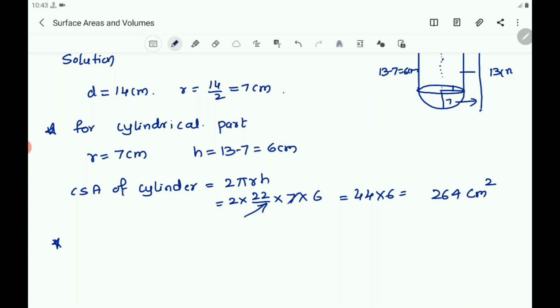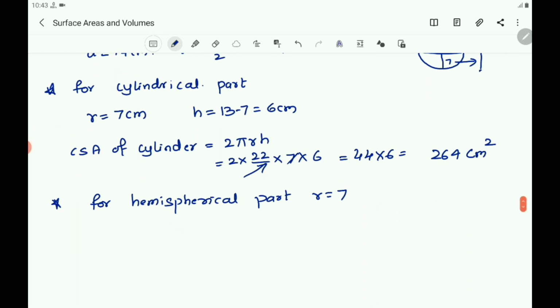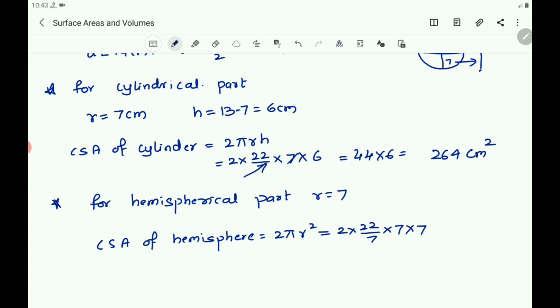Next, for the hemispherical part, R equals 7. Then you know the formula to find the CSA of a hemisphere. CSA of hemisphere equals 2 pi R square, that equals 2 into 22 by 7 into R square, meaning 7 into 7.